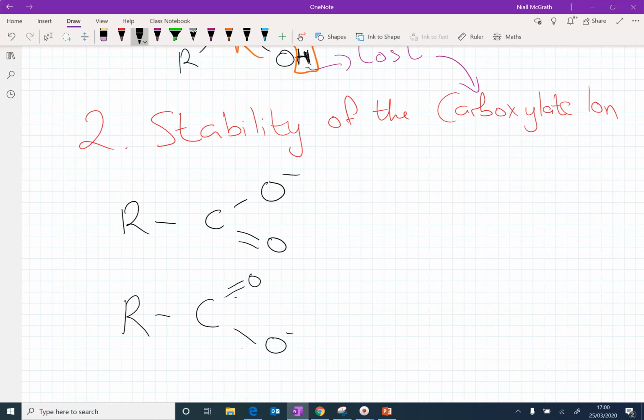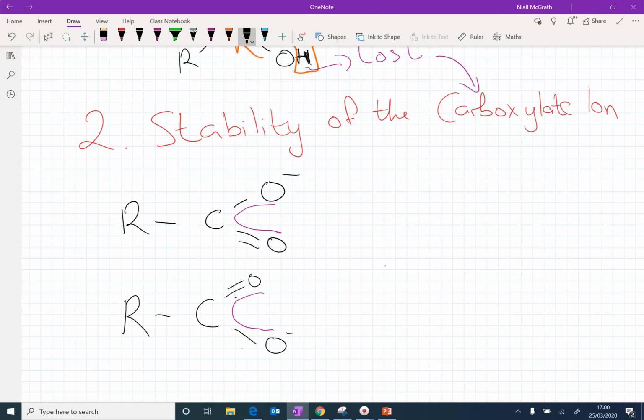Because you have those resonant structures, there's an even spread of charge between these three atoms due to those resonant structures. So there's an even spread of negative charge throughout them.